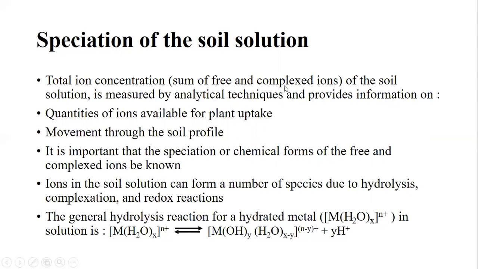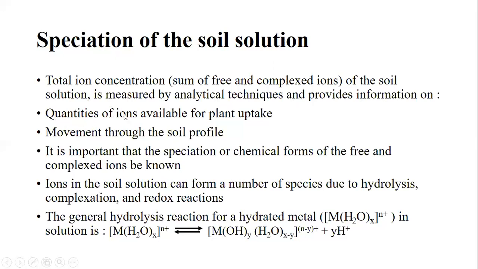What kind of information do we obtain from it? Why do people determine the total amount of these elements in the soil solution by analytical methods? What information do we get out of that?